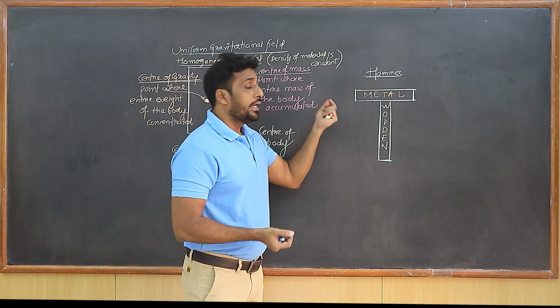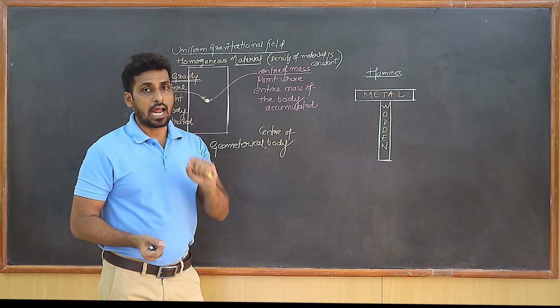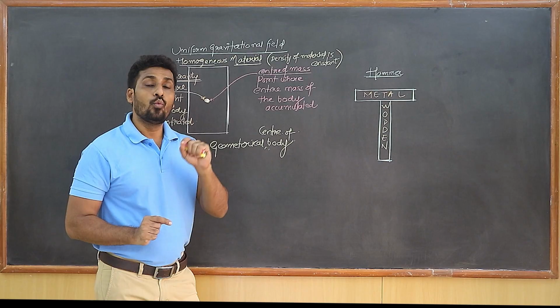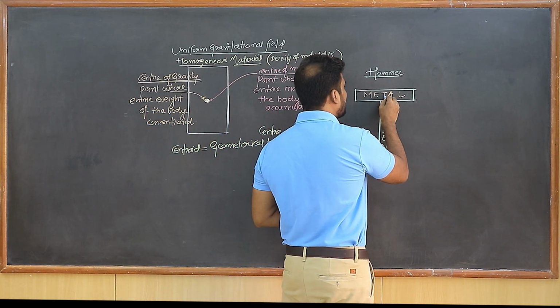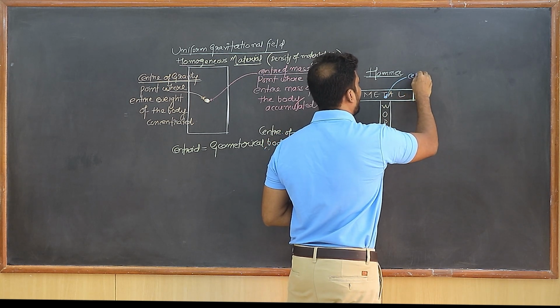So here, if you are keeping the entire body in uniform gravitational field, then the center of mass and the center of gravity will be exactly at the same points. So let us say the center of gravity will be somewhere here. Getting or not? This is the center of gravity.